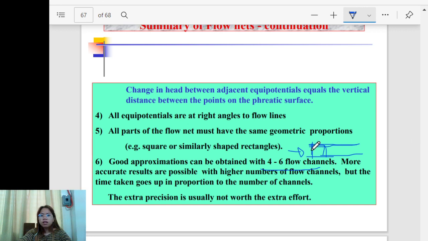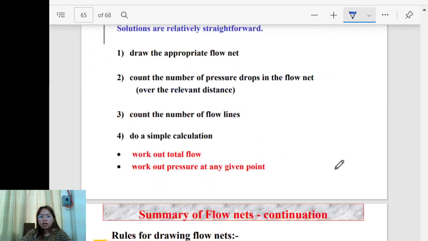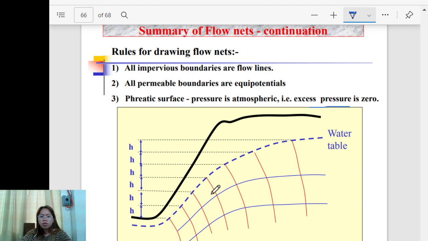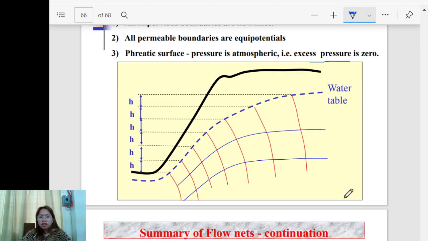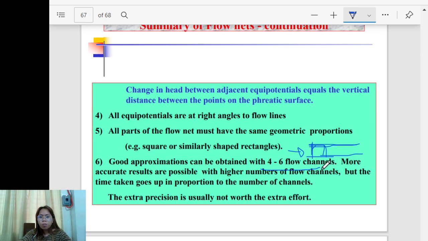So this is the channels. Channels is the agian, no, sa water. This one. This one is flow channels. This whole path, flow channels. Ingon siya, 4 to 6 flow channels.